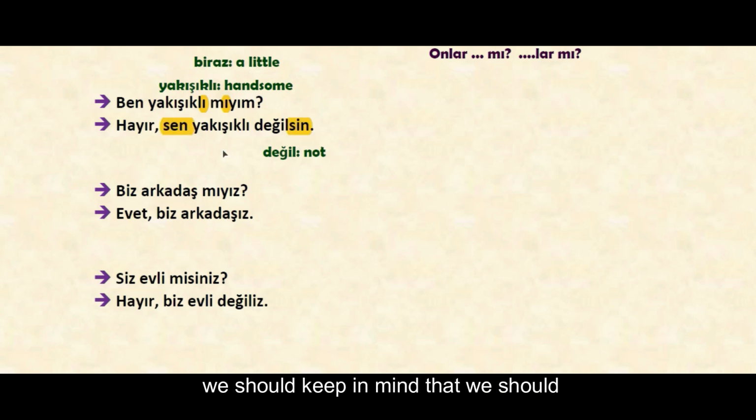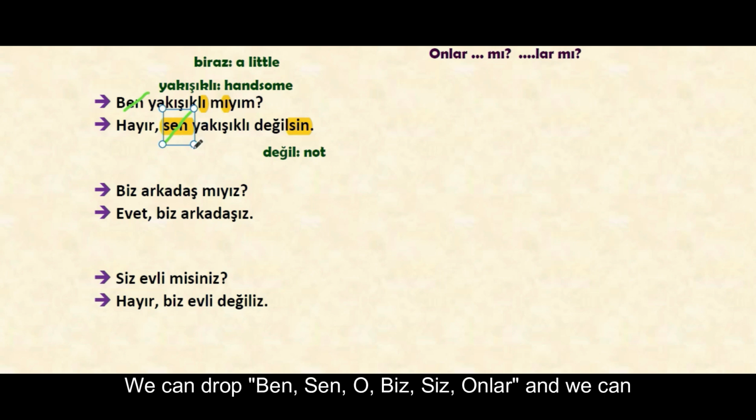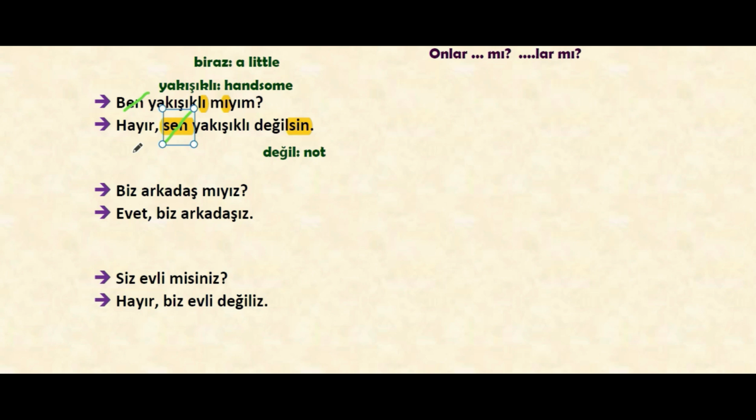We should keep in mind that we should always use these personal suffixes. And of course, you will remember from the previous sentences that we can drop the subject in the sentence. We can ask just yakışıklı mıyım? Hayır, yakışıklı değilsin. So we can drop ben, sen, o, biz, siz, onlar and just use these last parts.